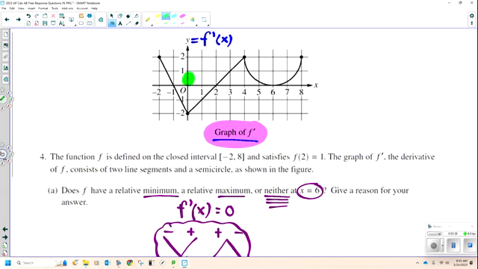Well, anytime I'm above the x-axis, I have a positive y value. And what does that mean? That means not only do I have a positive y, but I have a positive first derivative. So in the graph, positive first derivative here, here, here. Anytime I'm below the x-axis, I have a negative first derivative.